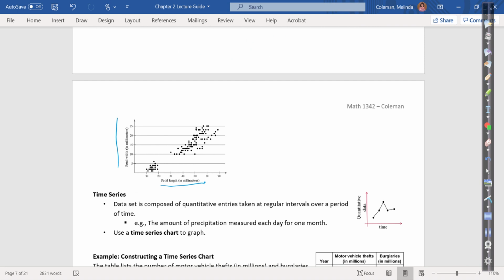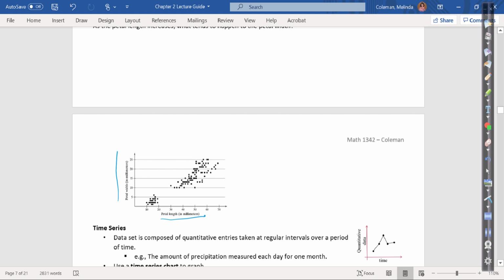And as they do that, you can see that as the length increases, so does the width. Or the width also increases.